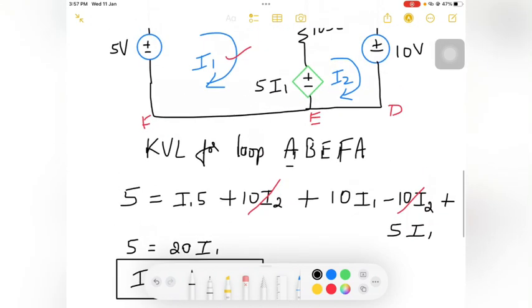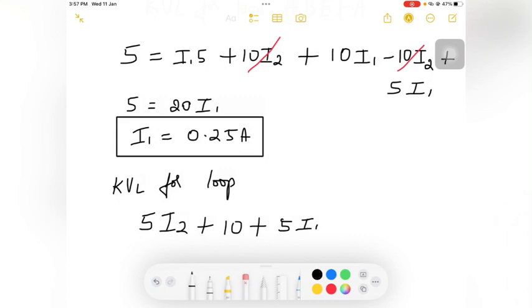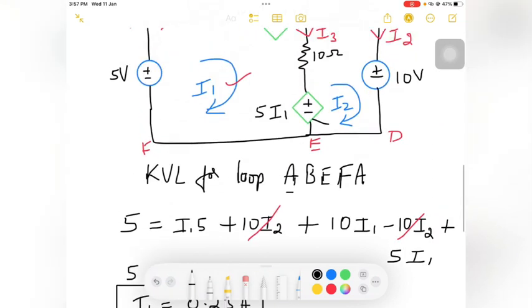It should be taken minus, because this loop is hitting the minus. Just now I said so here. Hence I will take here minus 5 I1.